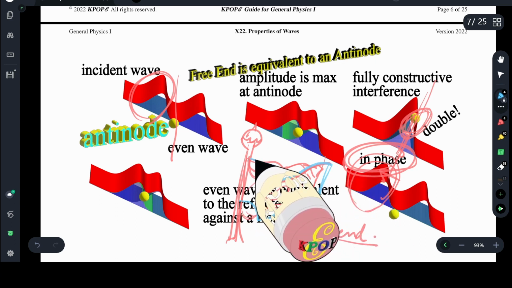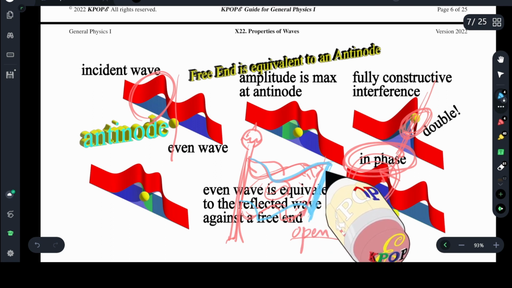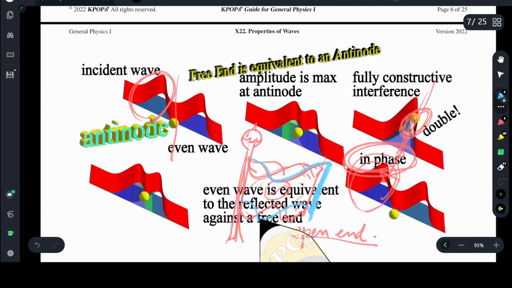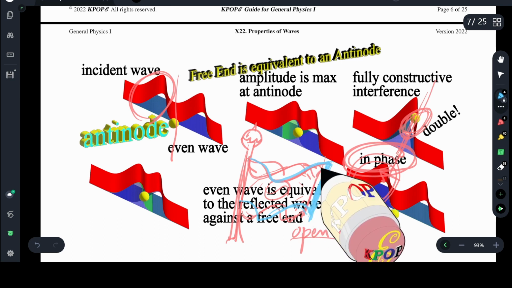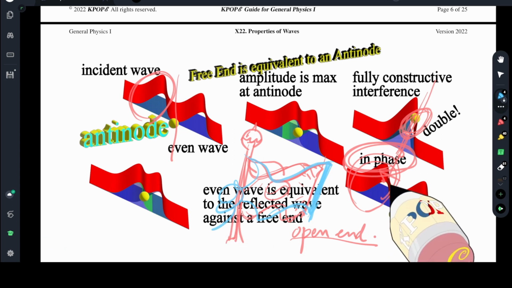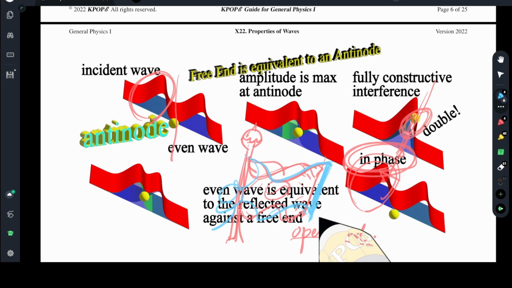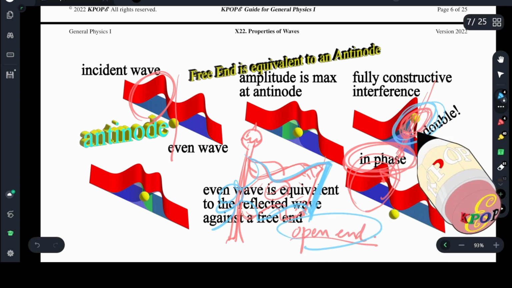Okay, so this is the reason why it is way beyond the time and it is not likely screwed up. That is the effect of reflection of a wave at the open end. The amplitude is doubled.